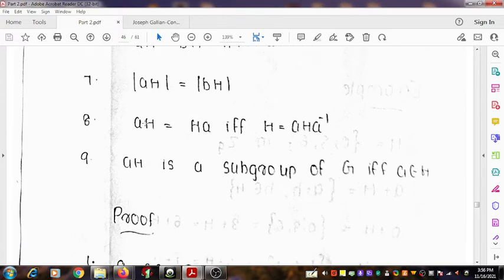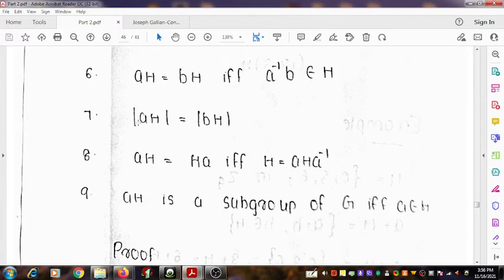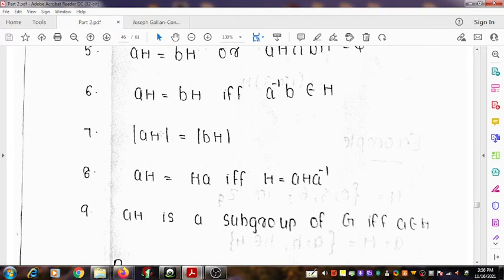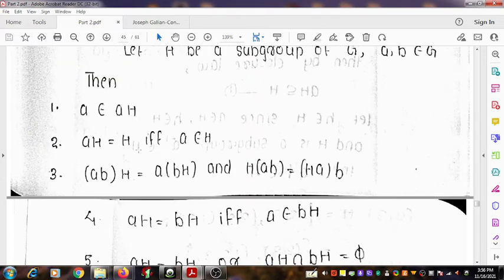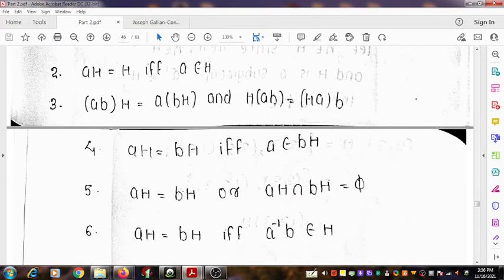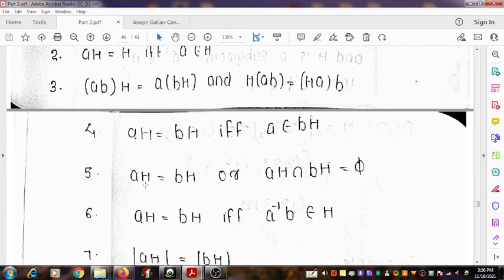Then the seventh property is that the cardinality of AH equals the cardinality of BH. That comes easily as an effect of the fifth statement, that either AH equals BH or AH intersection BH is the null set.